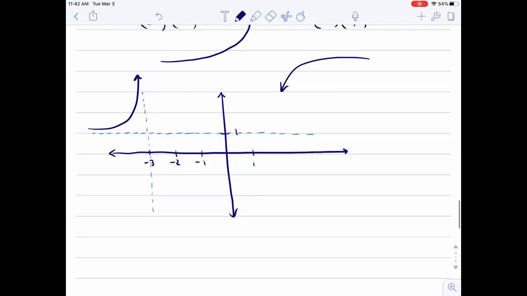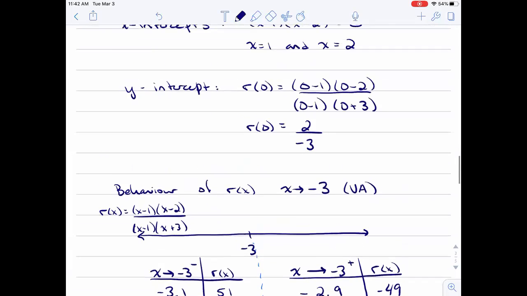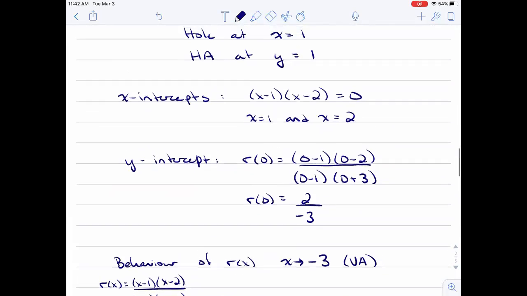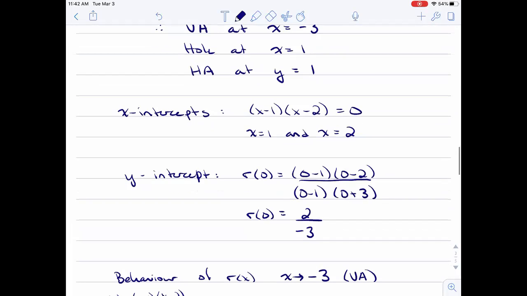Okay, what do we have here? All right, time to do it properly. x equals 1 is not going to be an x-intercept because it does get canceled out.